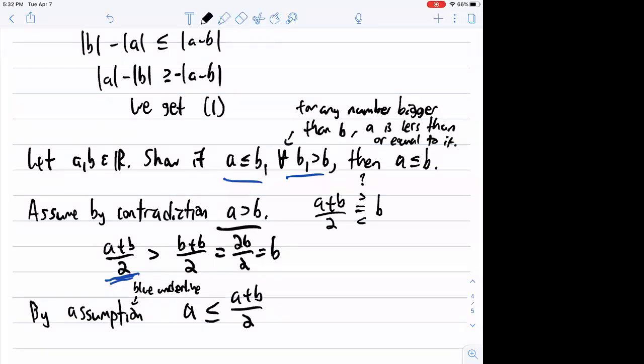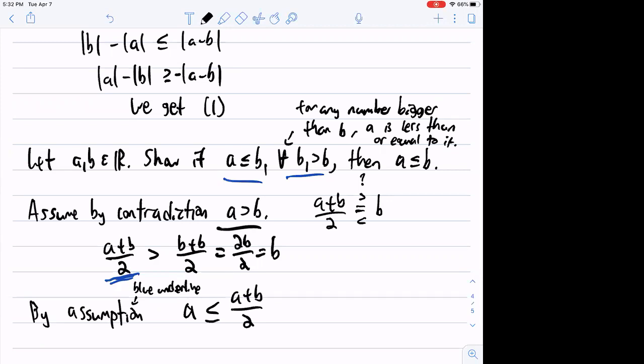That's the assumption. That's what the blue underline means. If you don't like B1, you could change it to C or something. Show if A is less than or equal to C for all C bigger than B. But I just wrote B1 because the book uses B1.